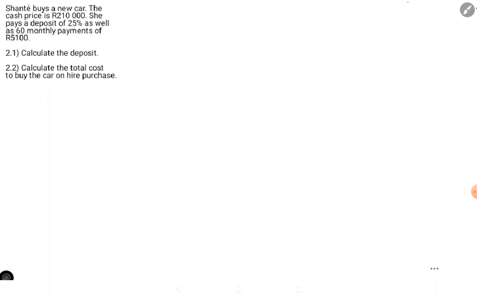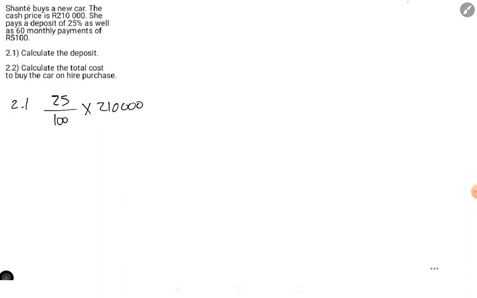What is 25%? So let's first say 2.1. 25%. Remember I said to you, whenever you see percentage, it's over 100. And so we take 25 over 100, multiply that by the total cost price. Okay, so put that into your calculator.